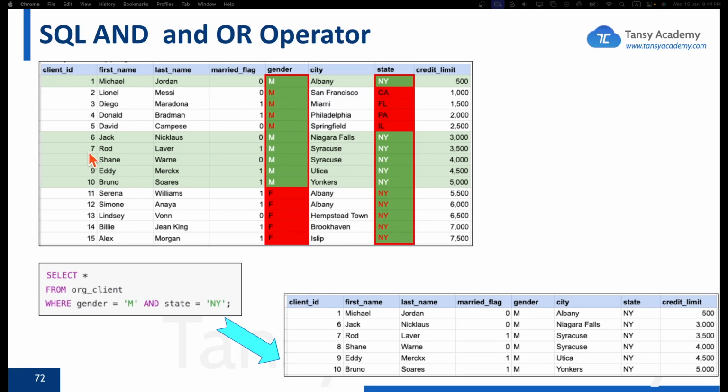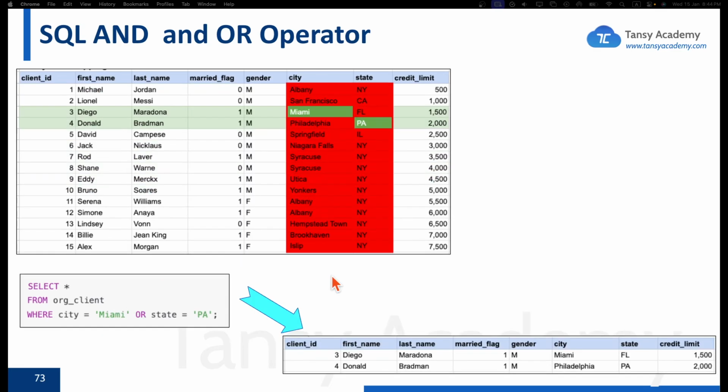Green background rows will be pulled because when it is AND, it has to satisfy both conditions: the gender should be male and the state should be New York. It's male, and it's New York, so both are satisfied. Here the gender is male, but they are not from New York, so I put it red. These rows will not be picked up, even though it's greenish for satisfying gender, because the state is not New York. That's how you apply AND.